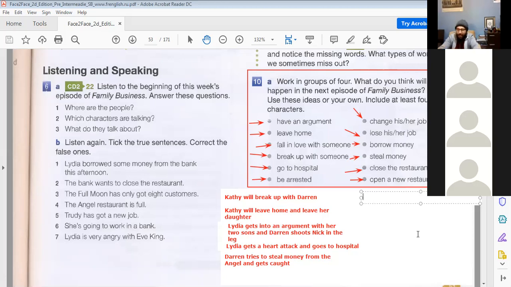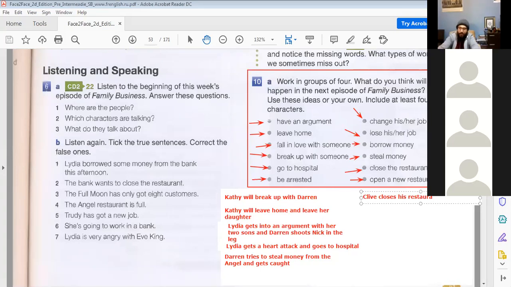Yeah. Okay, let's write it. So Clive closes his restaurant. Because remember, Lydia is in hospital, and she used to work with him, but now he doesn't have anybody to work with him. So maybe he can't run the restaurant on his own. So that's why he has to close it, right?